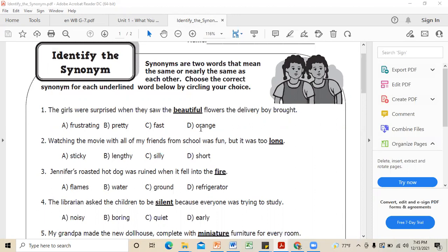So I would like all of you to try these sentences one by one. Maybe you do not need to write the whole sentence, but you can write "beautiful" and then the synonym for that, right? Because it will help your vocabulary.